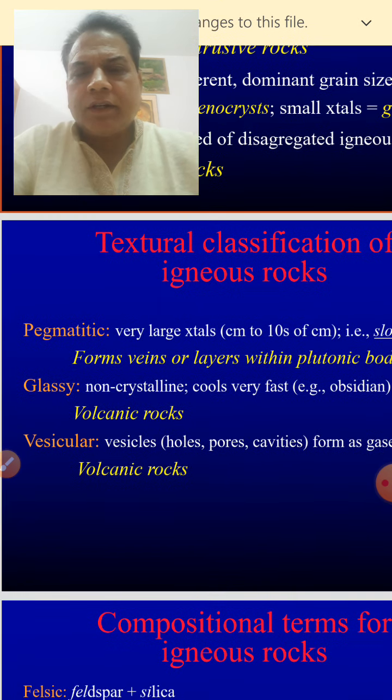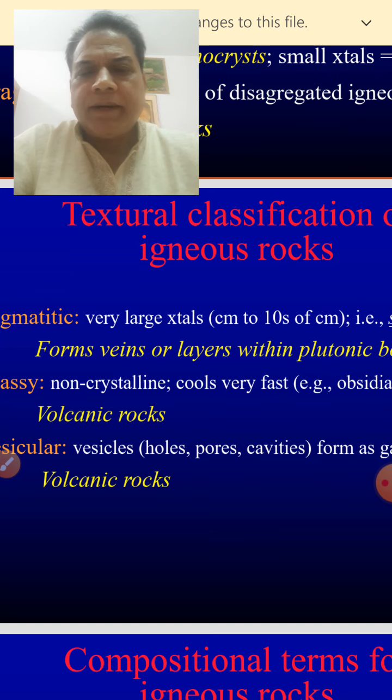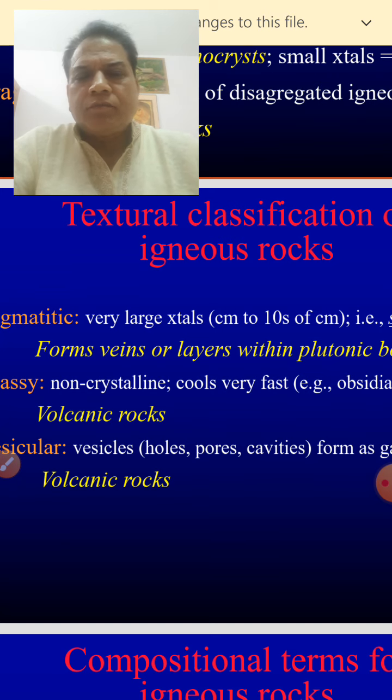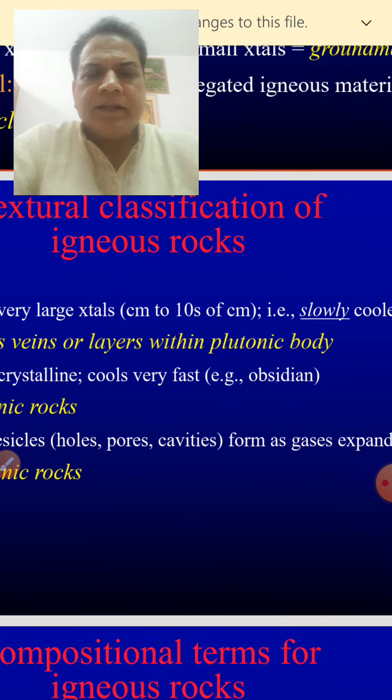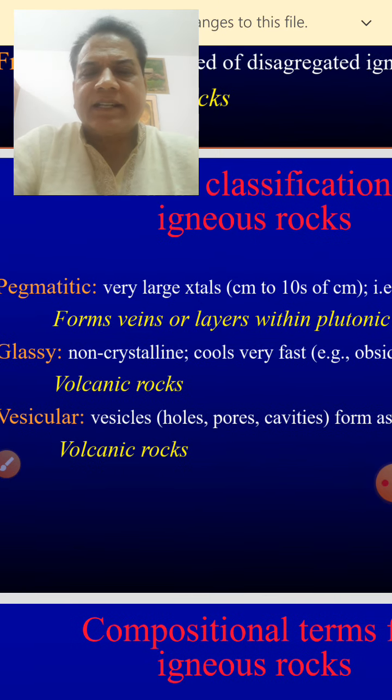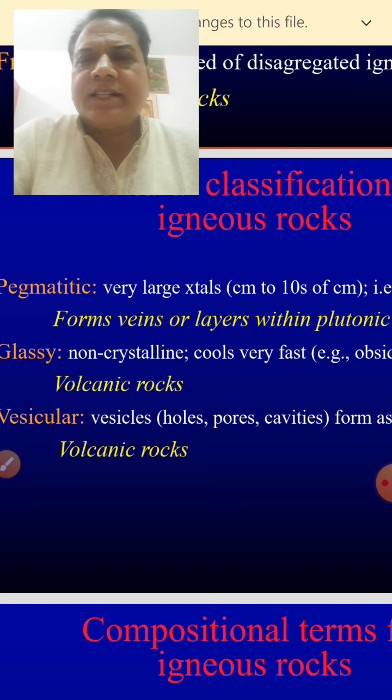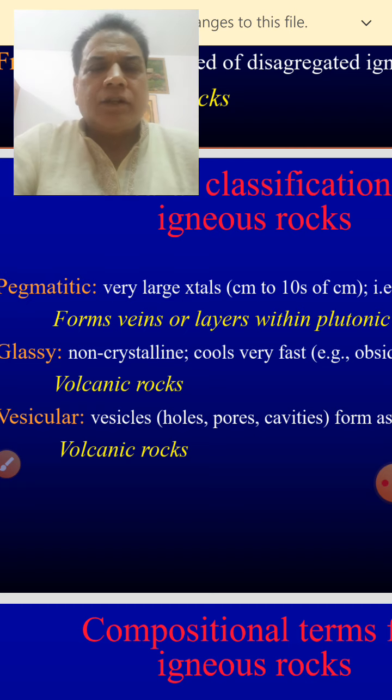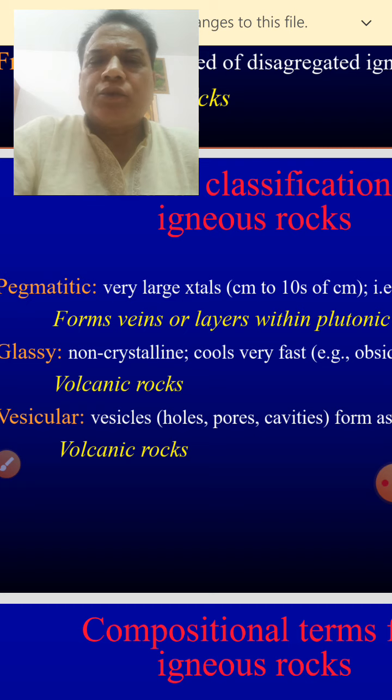Similarly, the term pegmatite is used for very large grains. Pegmatite, you all know, is a museum of minerals, and pegmatites crystallize at the end stages of magma, and the grain size is very large. Once we say grain size, the ratio of human beings in size is 1:4, meaning the smallest, a miniature human being, can be 2 or 3 feet, and the highest can be 7 to 8 feet.